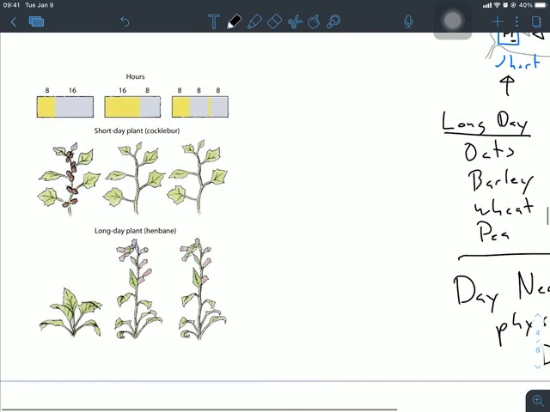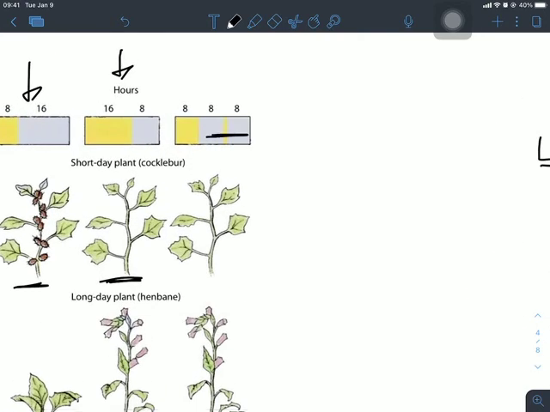Contrast these with what we see within our day length sensitive plants. Short day plants, meaning that they will flower under an 8-hour regime rather than a 16-hour regime. And then interestingly, what happens when you interrupt the dark with a little bit of light in between that 8-hour segment?